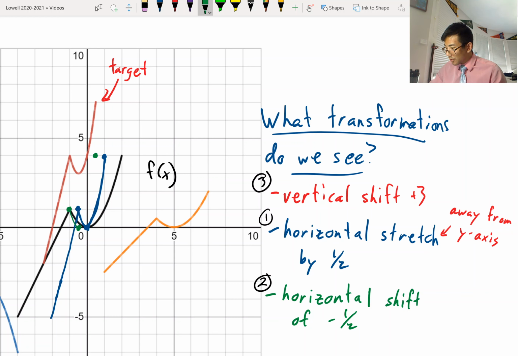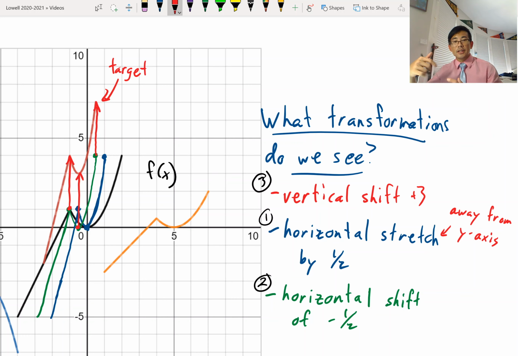And normally you would do it on different graph, different sets of axes, which I should have done, and there's no reason really for this, so I apologize. And then now we're going to shift it up 3, and you notice this point is going to go right here. The vertex is going to go right here, and this point is going to go right there.